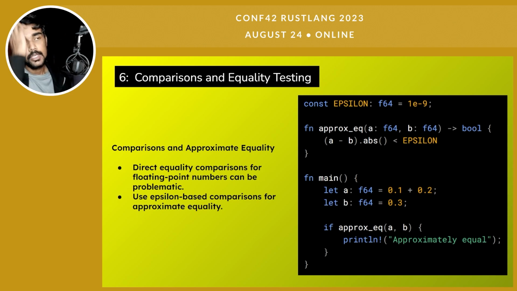So we can compare it with the minimal difference, epsilon, which is defined using the constant EPSILON. By the way, the standard library in Rust provides all of these constants. I've just written it explicitly to give an idea of how it is represented, but it's already in the standard library, so you can directly import it.